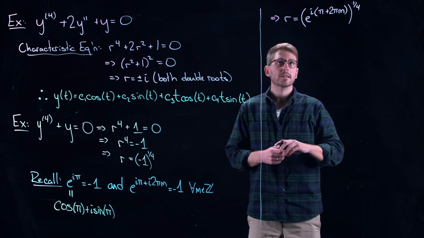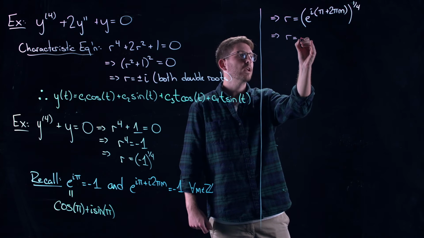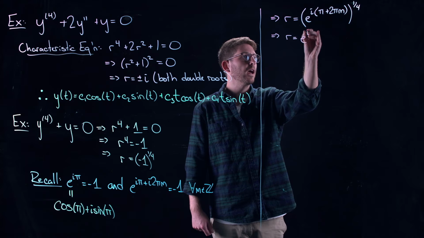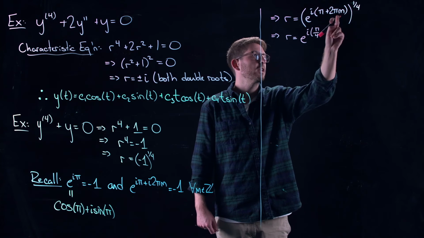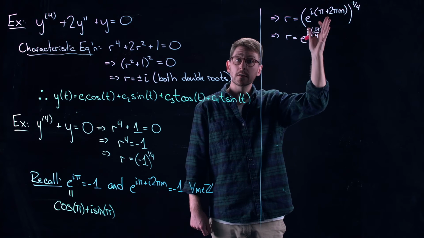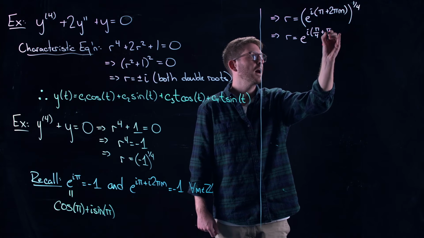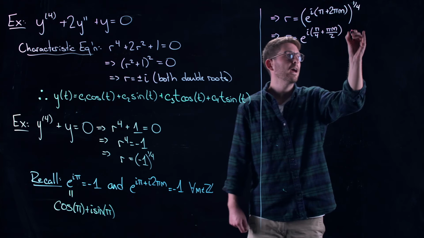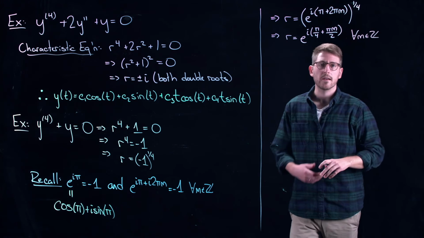Okay, let's simplify it a little bit. R is equal to e to the i, and then pi over 4. I'm just multiplying the exponent in, exponent to an exponent, which just means we multiply them. And then plus pi times m over 2. And again, this holds for all integers m.